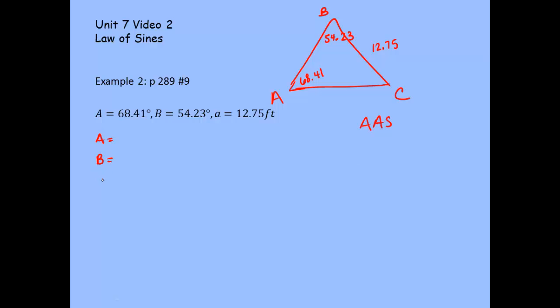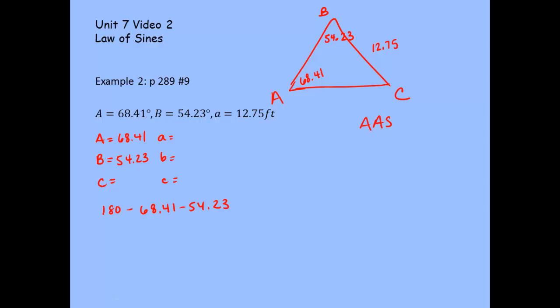I like to make this just kind of square so that I can locate it all easily. A, little b, and little c. So angle A is 68.41, angle B is 54.23, angle C I can calculate using the angle sum theorem, which you do not have to show work for.